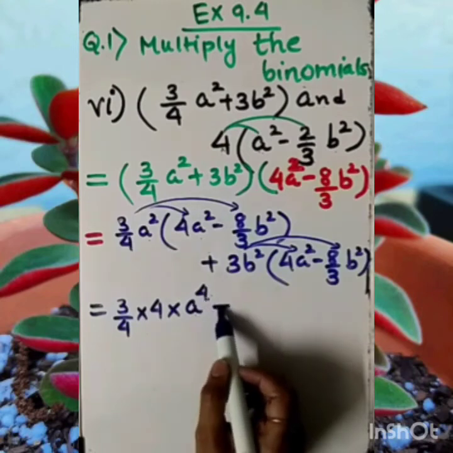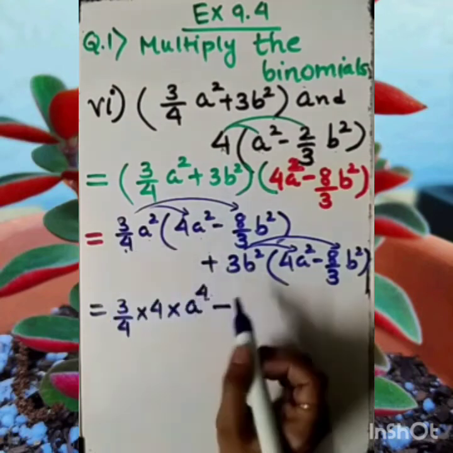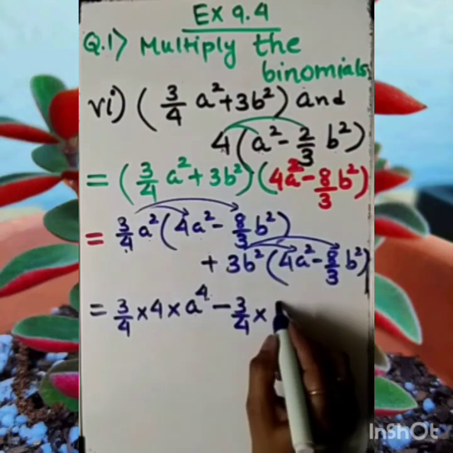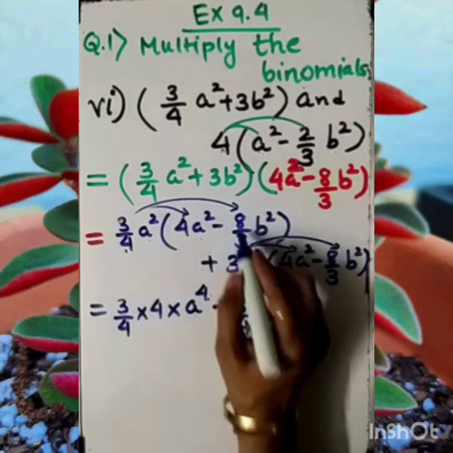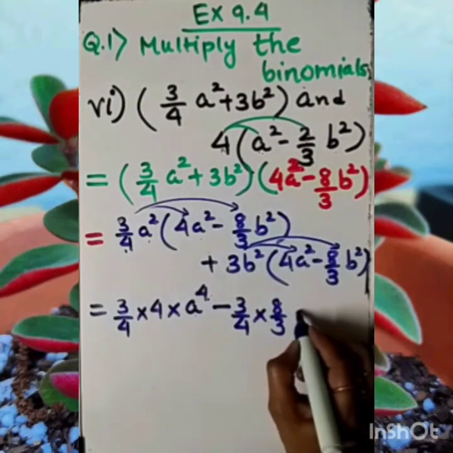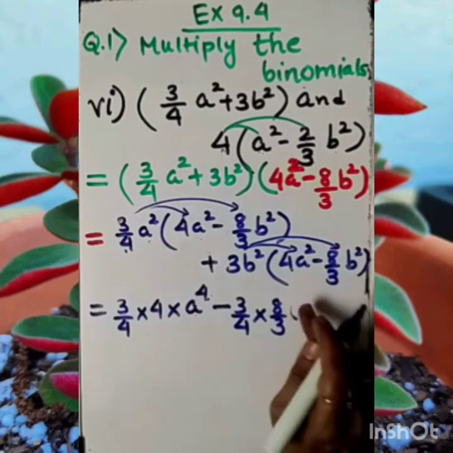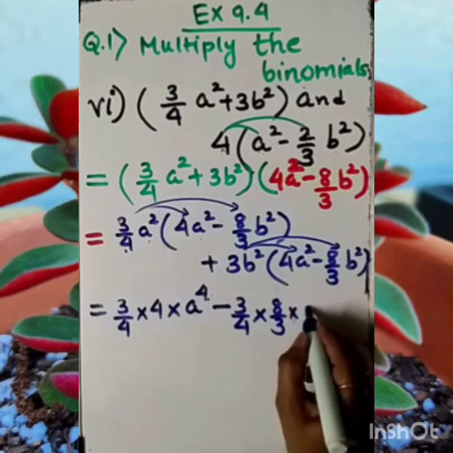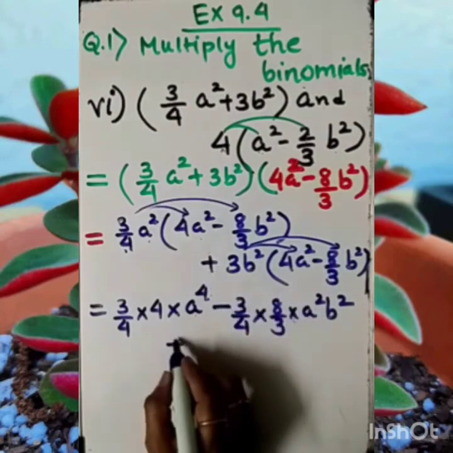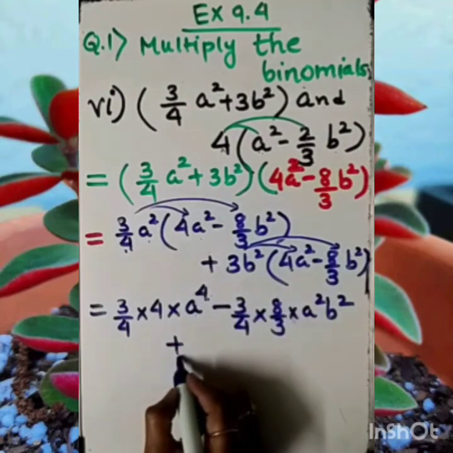Minus, between that the minus sign is there, again this 3 by 4 I am going to multiply with 8 by 3. Here this is 8 by 3, so here a square and this b square, so I need to write a square b square. Between this the plus sign is here, let me write plus here.